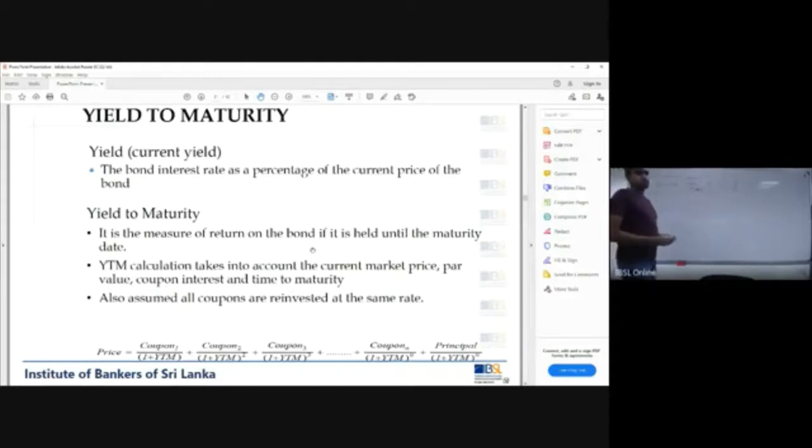Right? Remember, it's the discount rate at which the net present value is 0. Right?